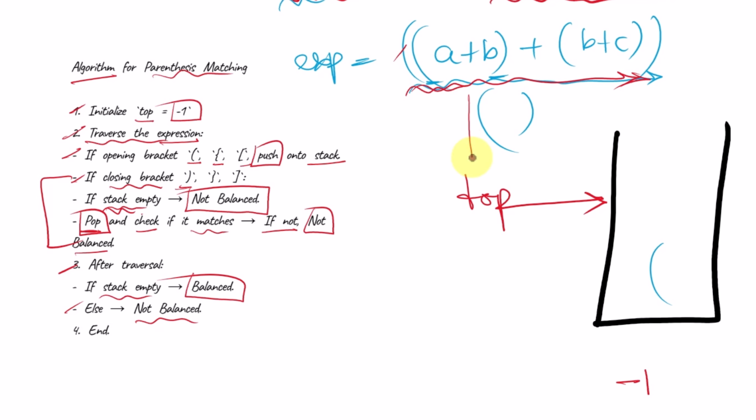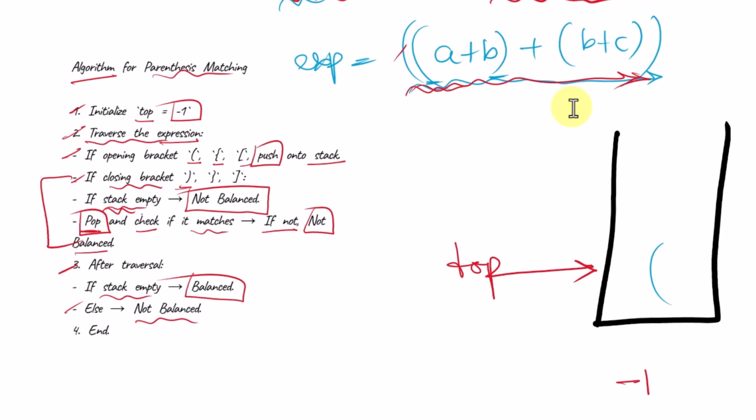We're gonna check if both of them are matching or not. So you can see both of them are matching. So that means everything is alright. So we're gonna continue with the next parenthesis. Now our top will point to this element. And again we are encountering another opening parenthesis. So this will also be pushed into our stack and the top will point to this pushed element.